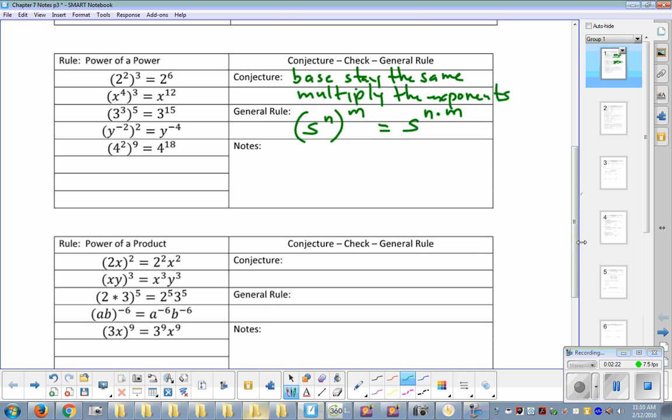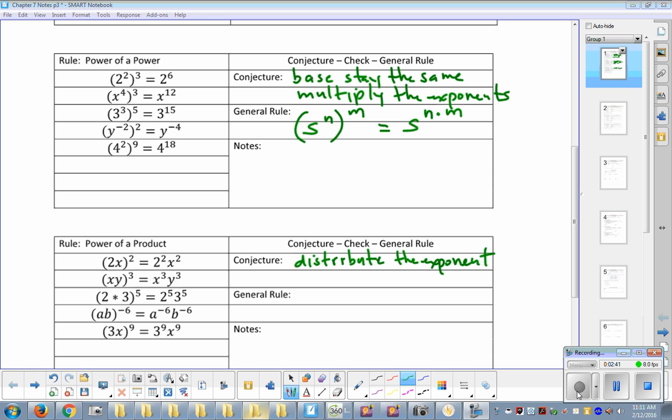Next, power of a product. Any conjecture for this rule? Distribute the exponent. What else can we observe?